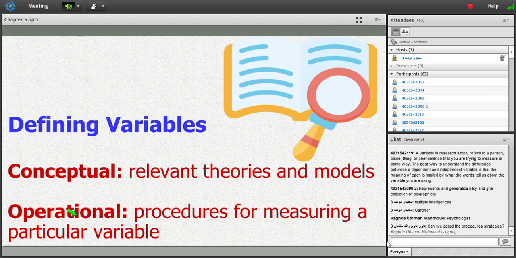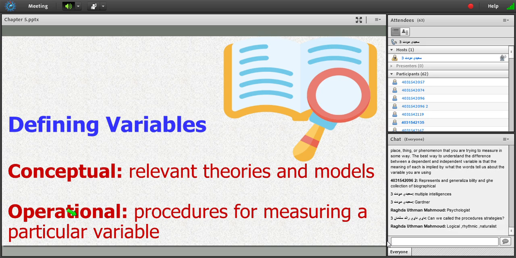If a student, for example, has interpersonal intelligence, can we call the procedures strategies? The operational definitions can be the procedure, but it is called the operational definition. So we don't call it the procedure or strategies.